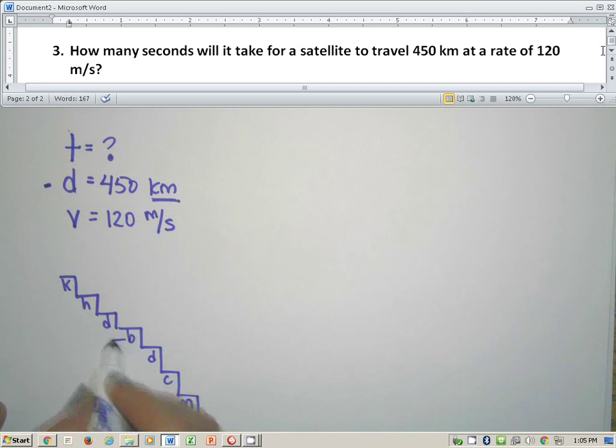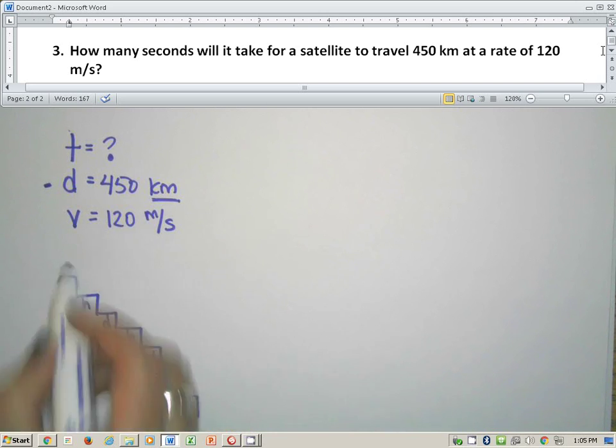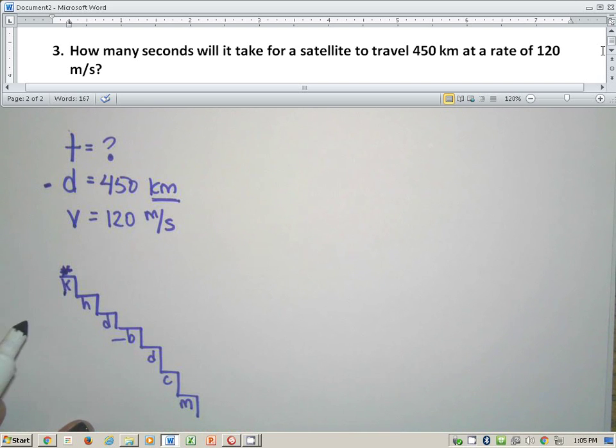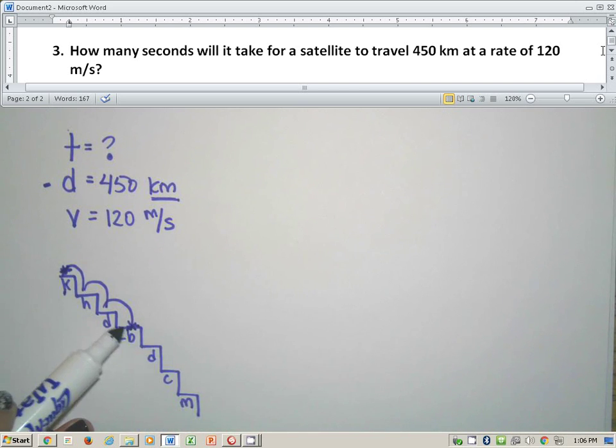B right here stands for base. So this is where meter would be. This is kilo. This would be hecto, deca, deci, centi, milli. If you are at kilometers to start with, you are up here on this top step where I just drew a star, and you want to go to meters, which is at the base. So you need to come down the stairs 3 steps to land right here. When you come down the stairs 3 steps, you're also heading to the right on the paper.